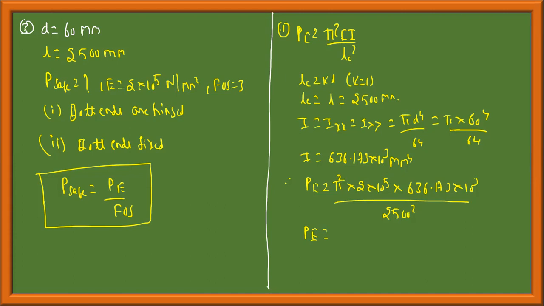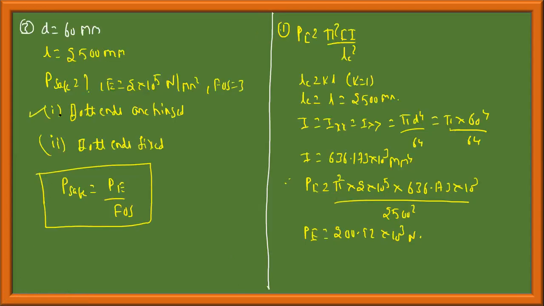How much? 200.92 kilonewton. Yes, 200.92 into 10 power 3 Newton. I request diploma students also to calculate meanwhile and tell me the answers.